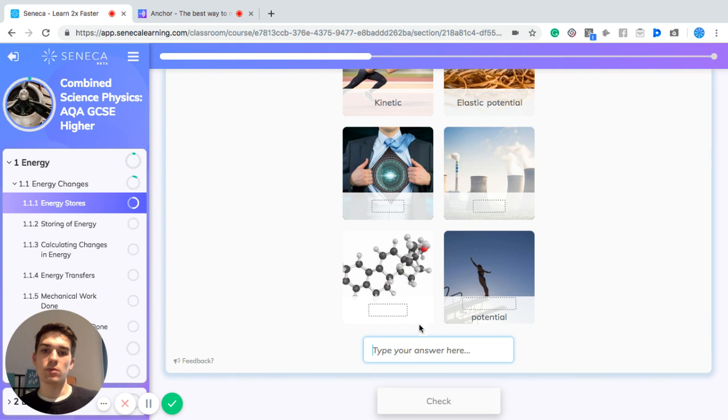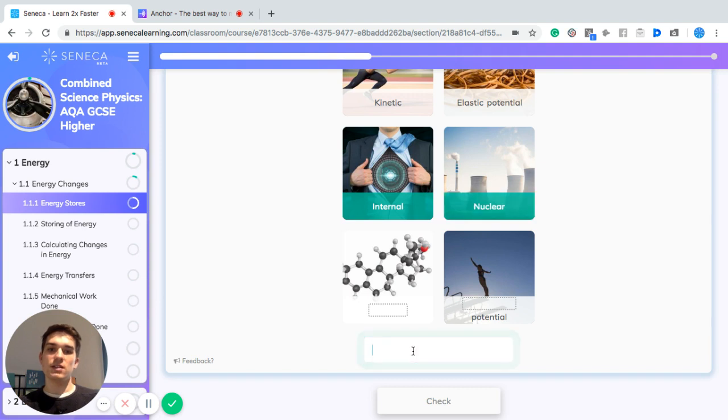So I'm going to run through them one more time. We've got kinetic, elastic potential, internal, nuclear, chemical, and gravitational potential.